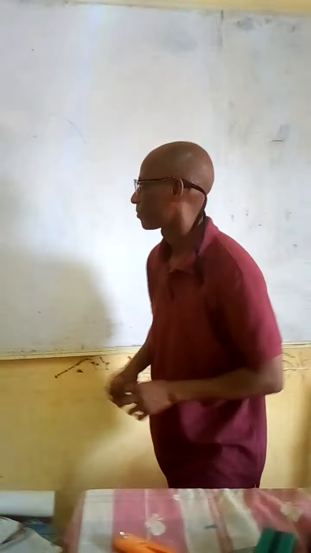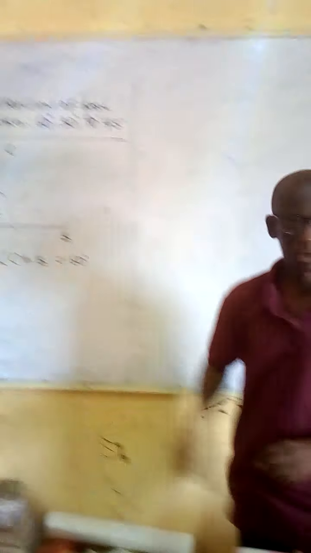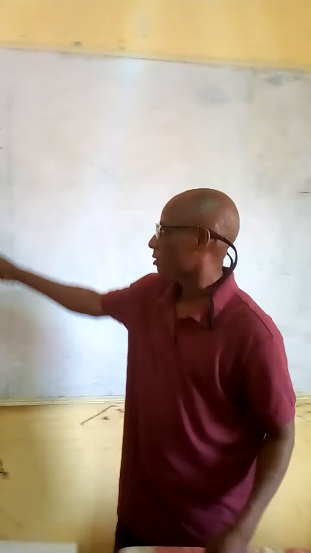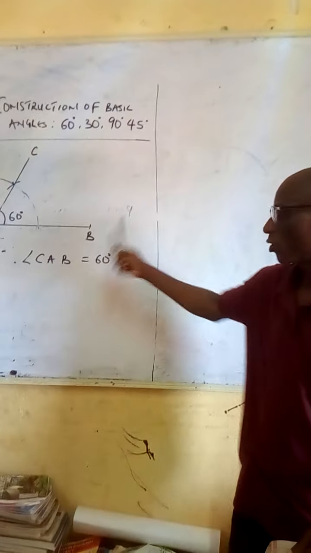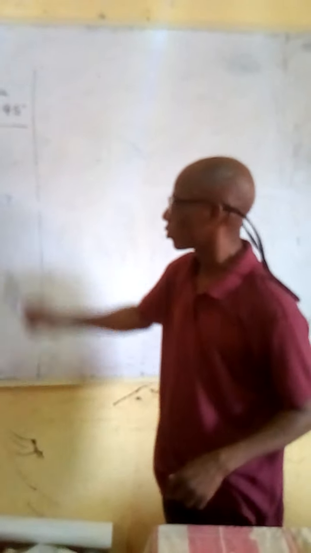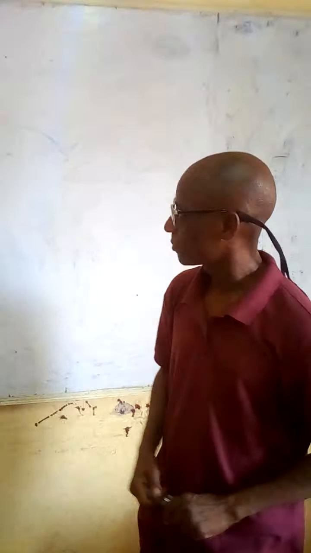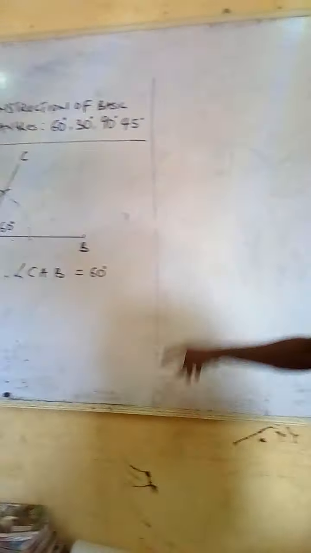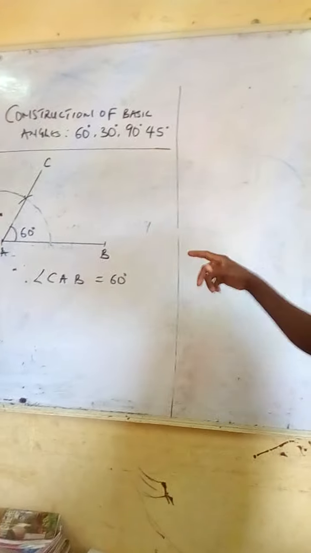Without wasting time, how can we get angle 30 degrees? To get angle 30 degrees, all you need to do is to bisect angle 60 degrees. So I will start over again to construct angle 60, then bisect angle 60 to give me 30 degrees.